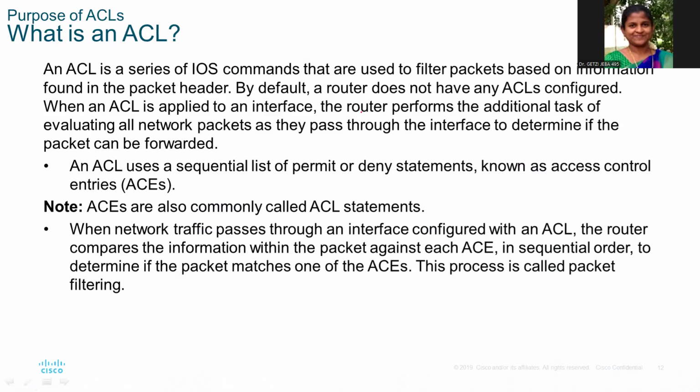By default, a router does not have any ACL configured, so we have to configure it. We use a sequential list of permit or deny statements, which we call access control entries. Imagine here is a router and you have an ACE database configured for the router.